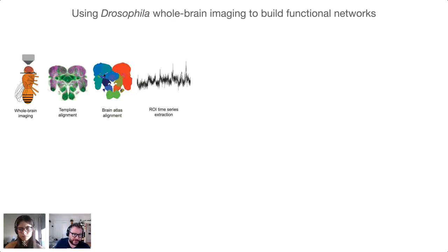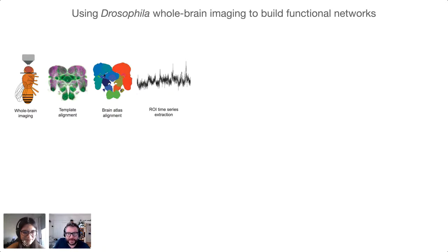We don't need to go into the details of that too hard, but basically this allows us to align each individual brain to a template, use that template to align our atlas, and from each brain region here, extract a time series based on that region. So, hopefully this makes sense.